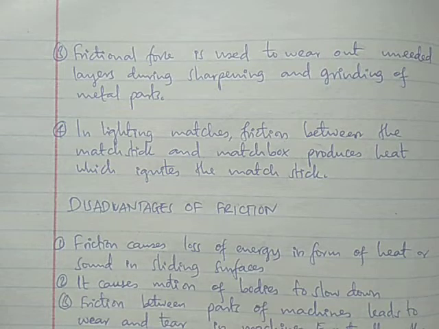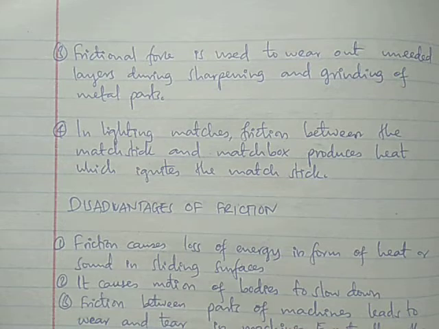Mashine inayotumika kukata vyuma, mabomba yale wanayotengeneza mageti, inaitwa grinder. Kwa hiyo I know unaweza kuwa umeshaiona but you don't know it, lakini it is called grinder. Acha na ile ambayo wanakuwa wanachomelea vyuma, ile grinder wanakata vyuma. So that is application of friction.